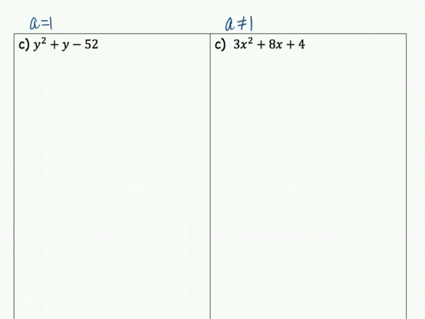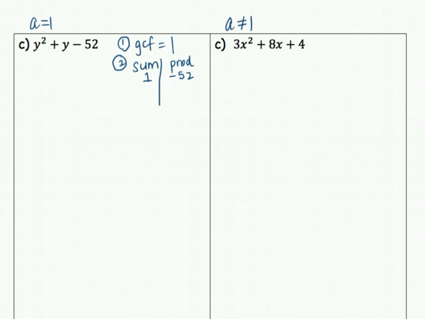All right, so we'll start off with step 1. Is there a greatest common factor? No, just the 1. All right, step 2. I need the sum of the B term, which is the middle one. It's a positive 1. And I need the product of the A and C terms. That's negative 52.